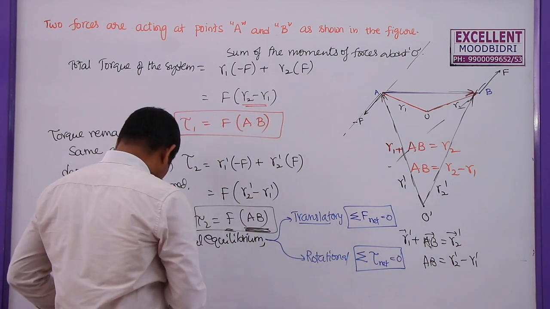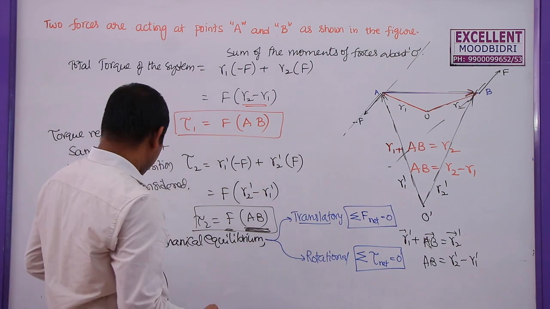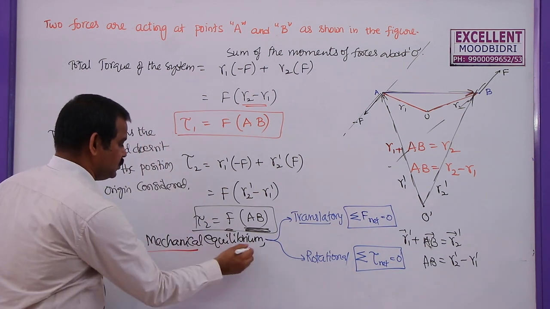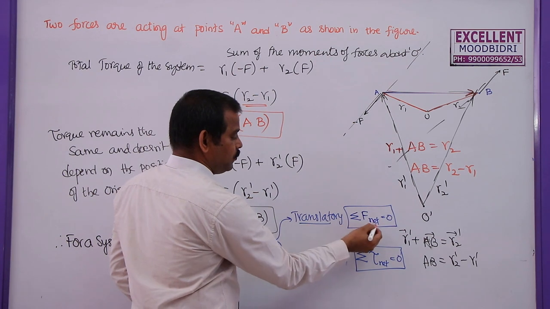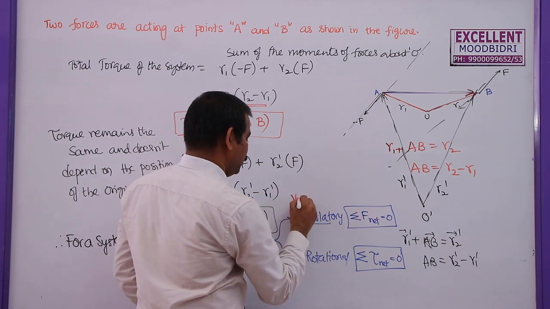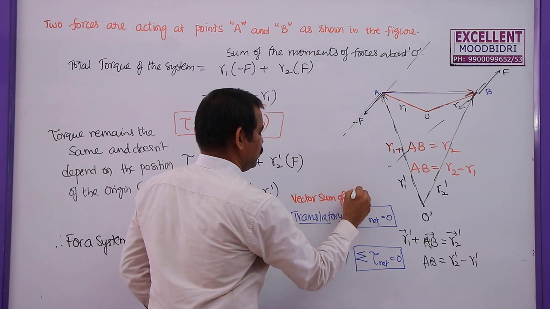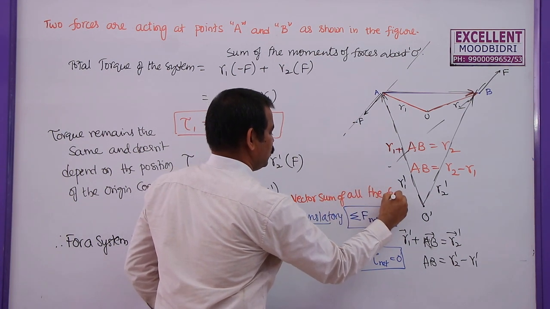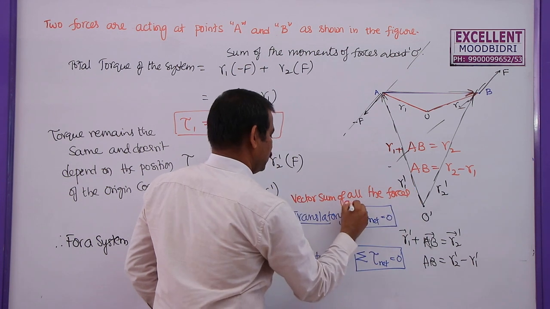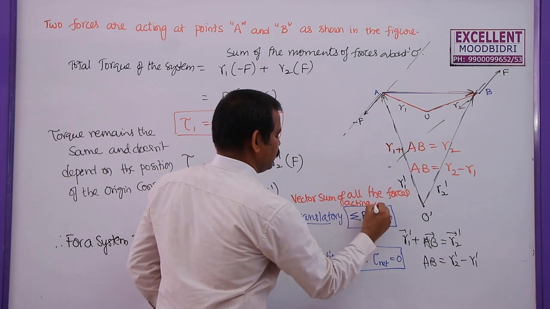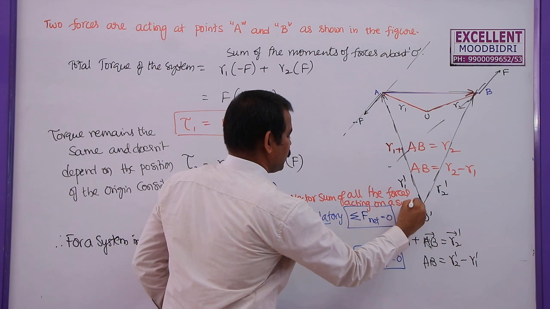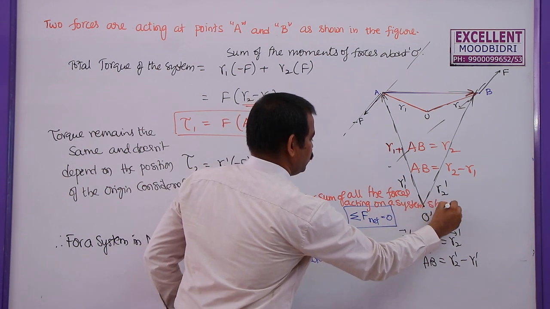So, if we ask you to write the conditions for mechanical equilibrium of a system, we have to write that the net force acting on the body is 0, or the vector sum of all the forces acting on a system should be 0.